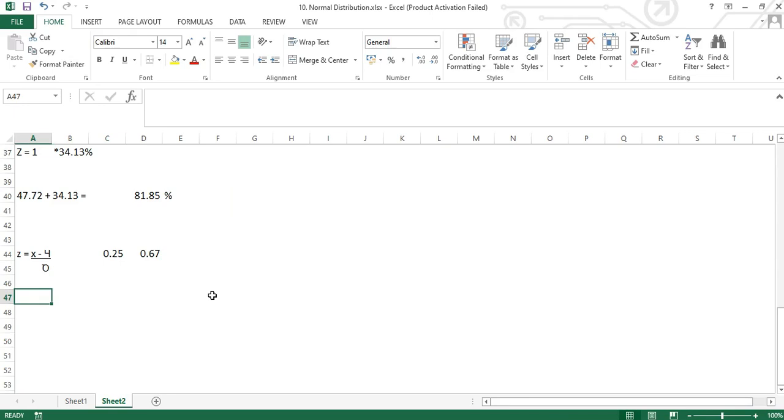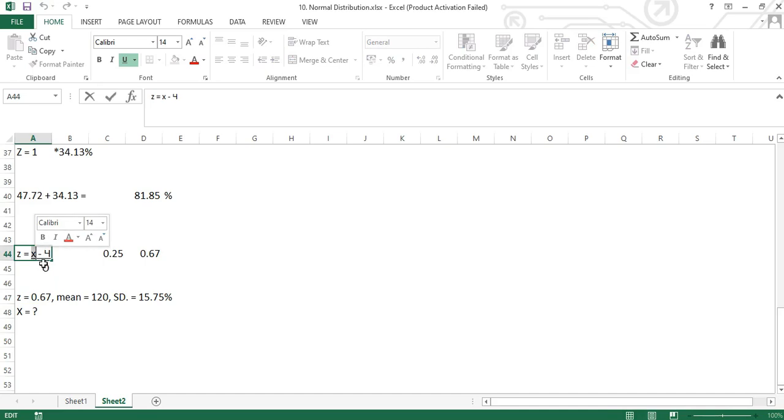So if Z is 0.67 and mean is 120 and standard deviation is 15.75%, now can't we find what is X? We can, because there's only one missing component.